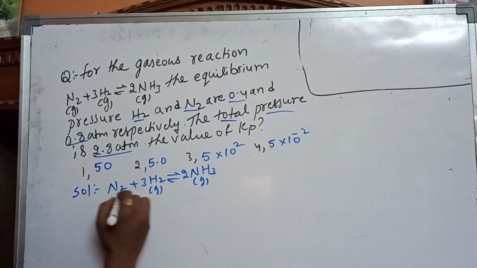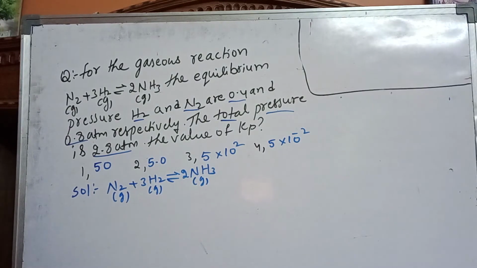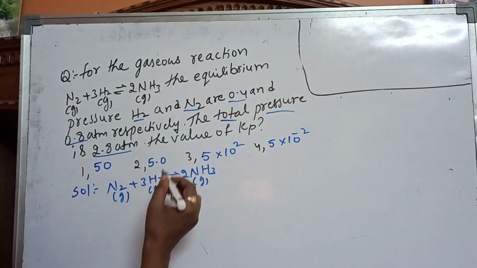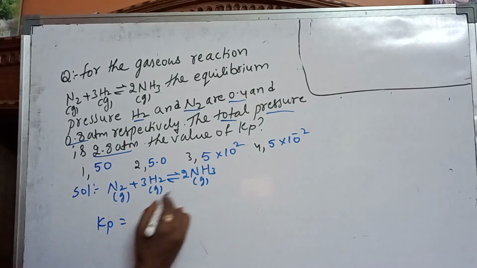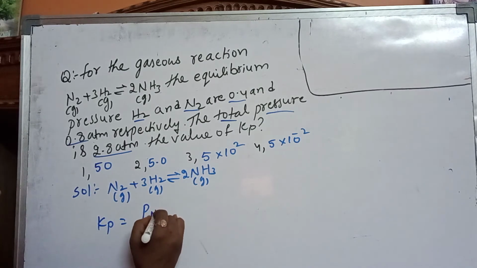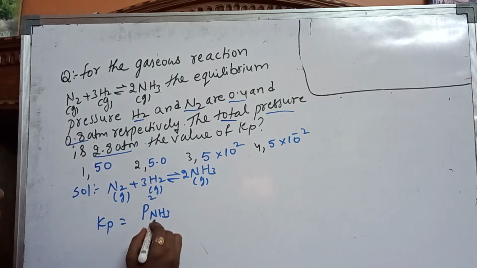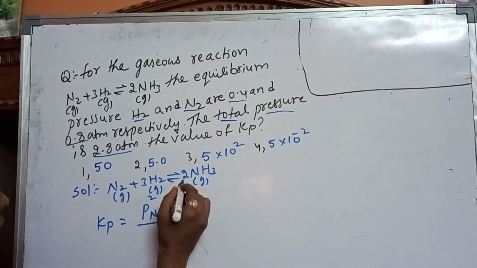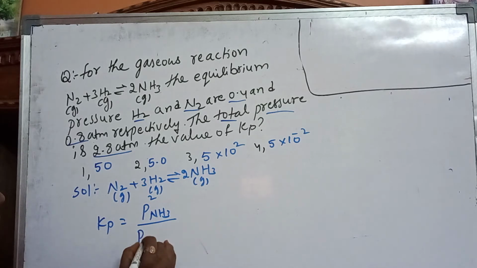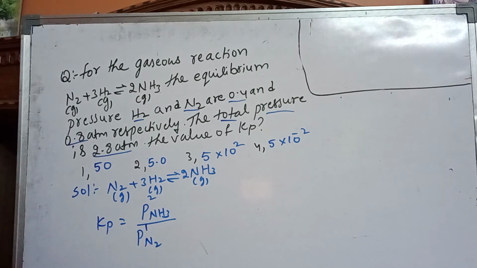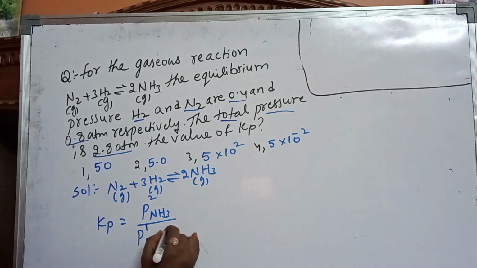So for calculation, the basic formula is Kp is equal to the partial pressure of ammonia to the power of 2, isn't it? Why? The stoichiometric coefficient is 2. And next, in this reaction the reactants are nitrogen and 3 moles of hydrogen. So the partial pressure of N2 to the power of 1 into the partial pressure of hydrogen to the power of 3.